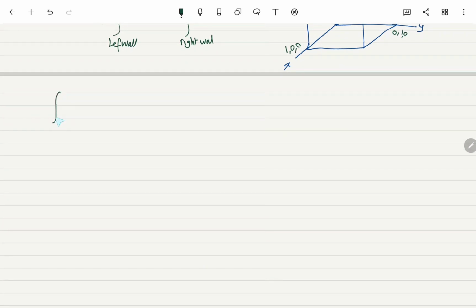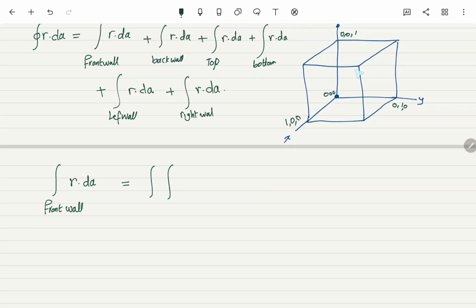Integration over the front wall of r dot d area is equal to, now this is the area, so it has to be a double integral. This is the front wall, right here, and the area is in the YZ plane.